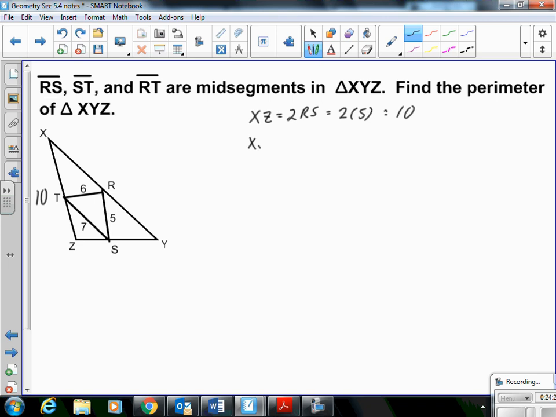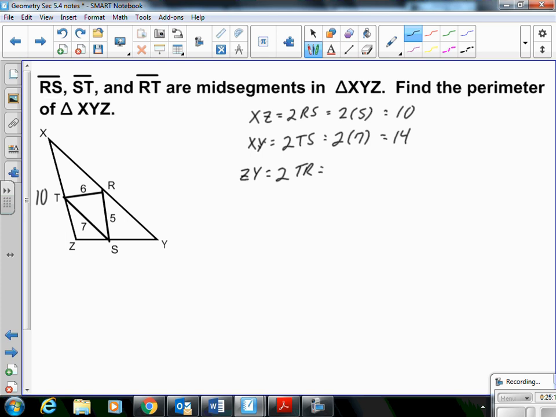For XY, we've got 2 times the length of the side that it is parallel to, which is TS. 2 times TS, and TS has a length of 7, so that's 2 times 7, or 14. And the third side, ZY, that's going to be 2 times the length of TR.